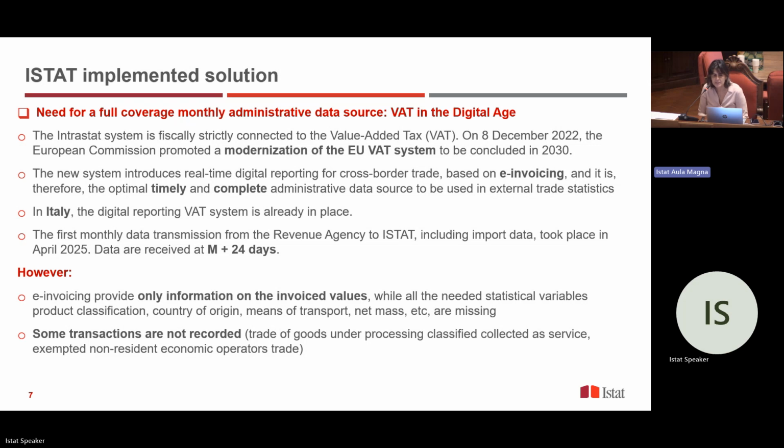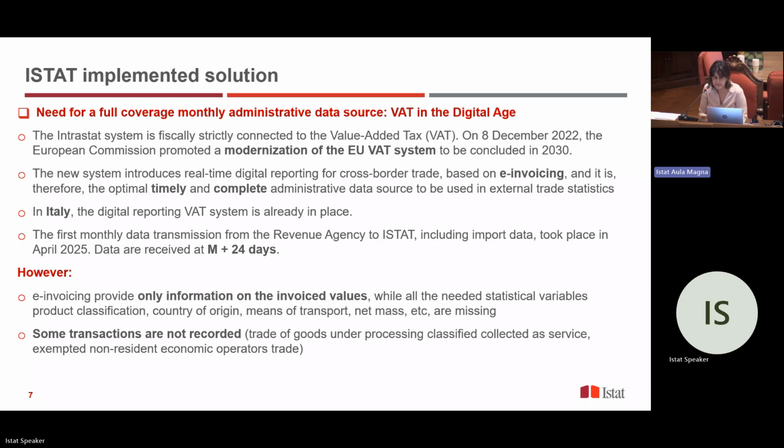So this is completing the scope of Intrastat, and so these data are very timely, even more timely than our collected data, which we receive 28 days after the end of the reference month.